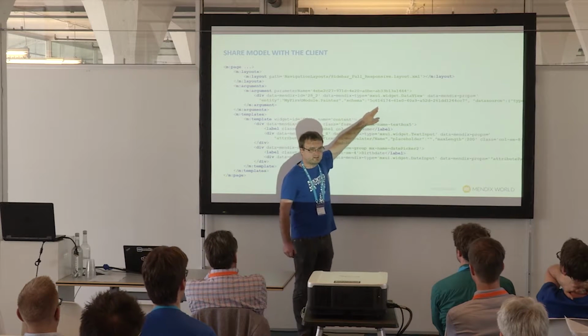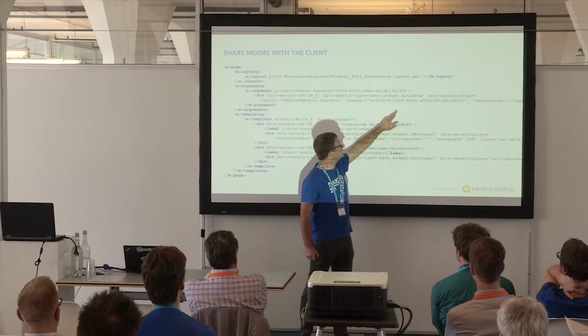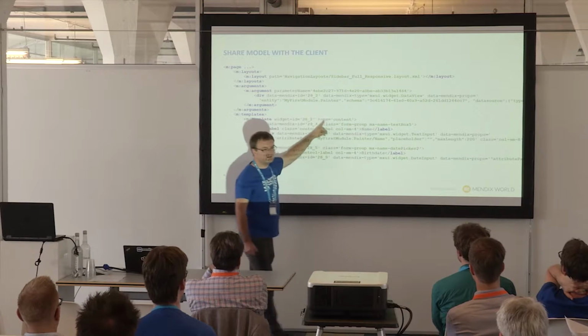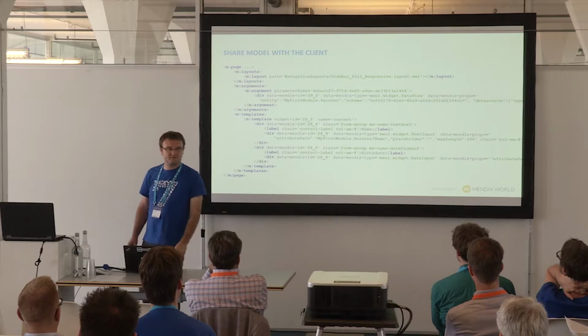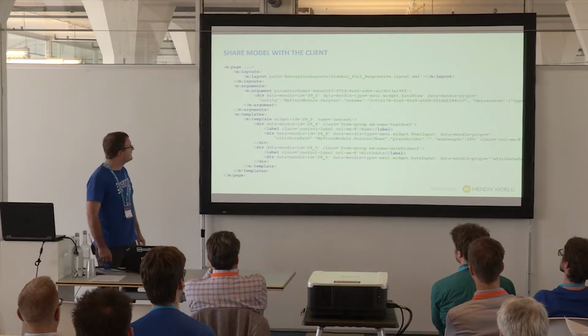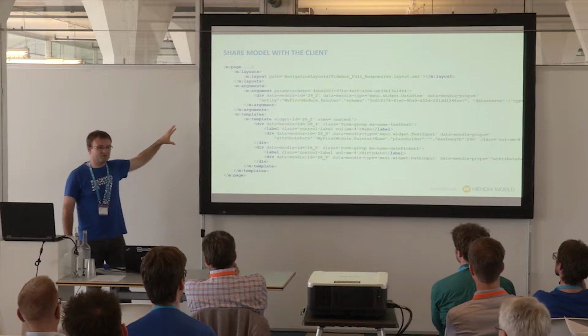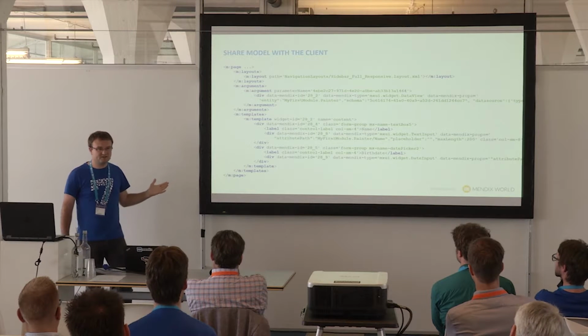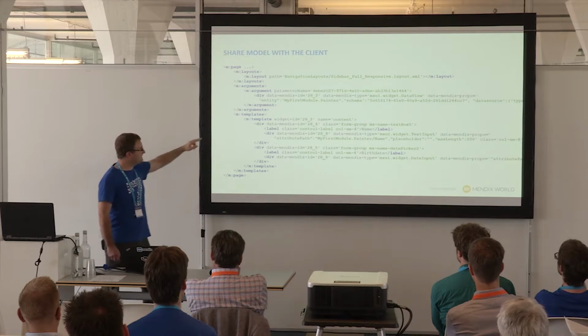This is the same as the type that you saw earlier, the page $data view. And the data Mendix props here, that's actually the model. So we already had the model for many, many years, and we were sharing this with the client using the page.xml. But you see, it's riddled.